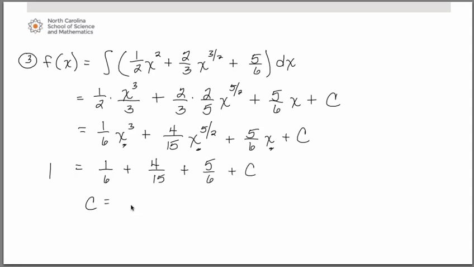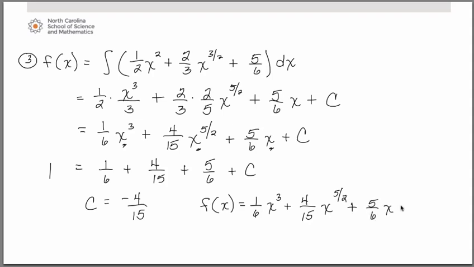So you get a c value of -4/15. You typically would see these as fractions as opposed to decimals. That means, therefore, our final answer for our function is that our function is 1/6 x to the third plus 4/15 x to the 5 halves plus 5/6 x minus 4/15.